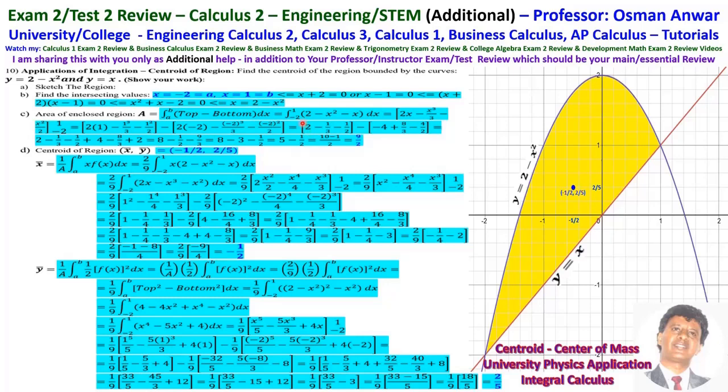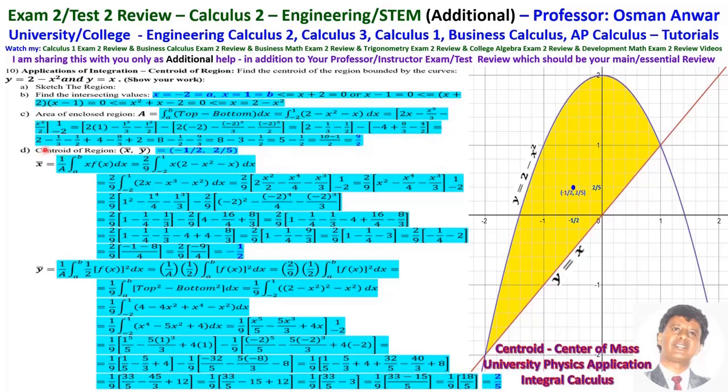That is integrated from minus 2 to 1, 2 minus x squared, the top curve, minus x dx, which is 2x minus x cubed over 3 minus x squared over 2, integrated from minus 2 to 1, which is 2 times 1 minus 1 to the third over 3 minus 1 squared over 2, minus 2 times minus 2 minus minus 2 cubed over 3 minus 2 squared over 2, which is 2 minus 1/3 minus 1 over 2 minus 4 plus 8 over 3 minus 4 over 2.